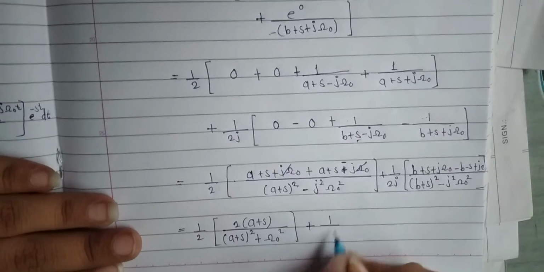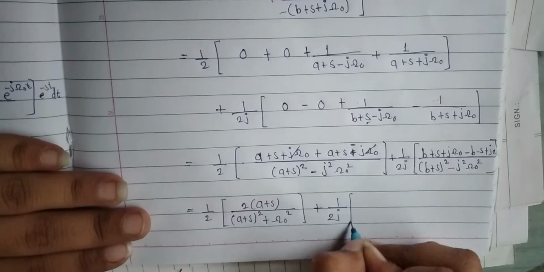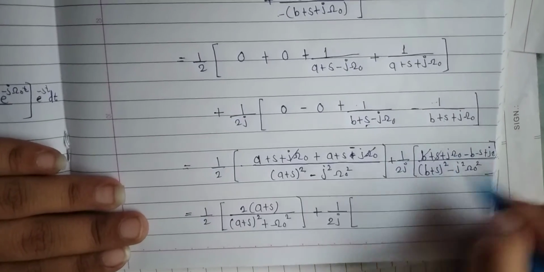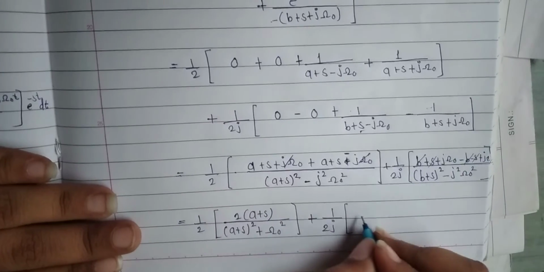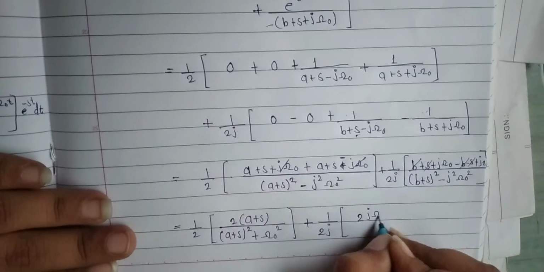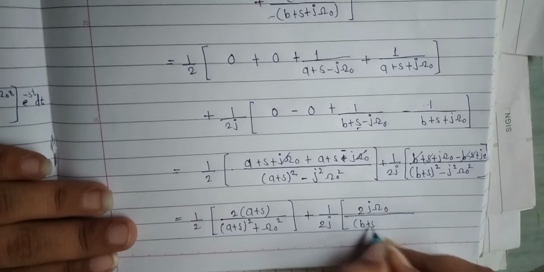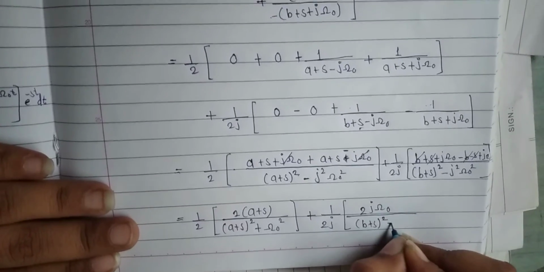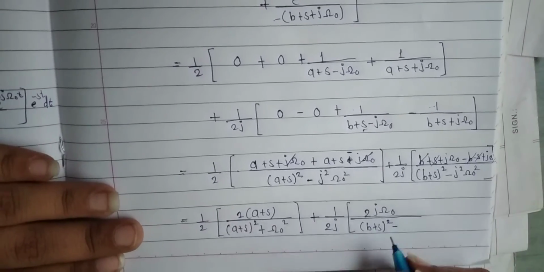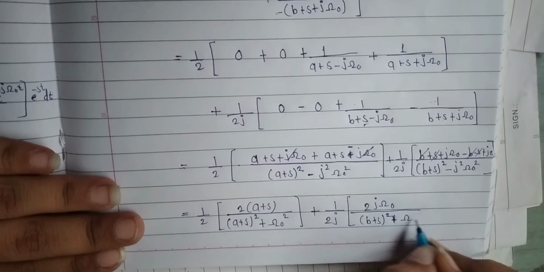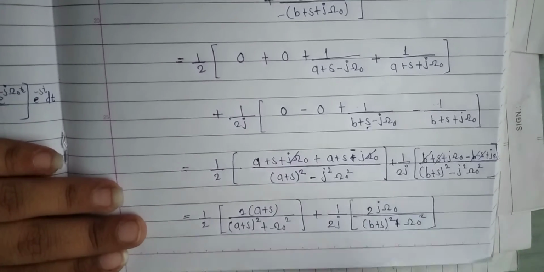Plus 1 upon 2j into b plus s gets cancelled, so it becomes 2j omega naught divided by (b plus s) whole square minus, this j square value is minus 1, so it becomes plus omega naught square.